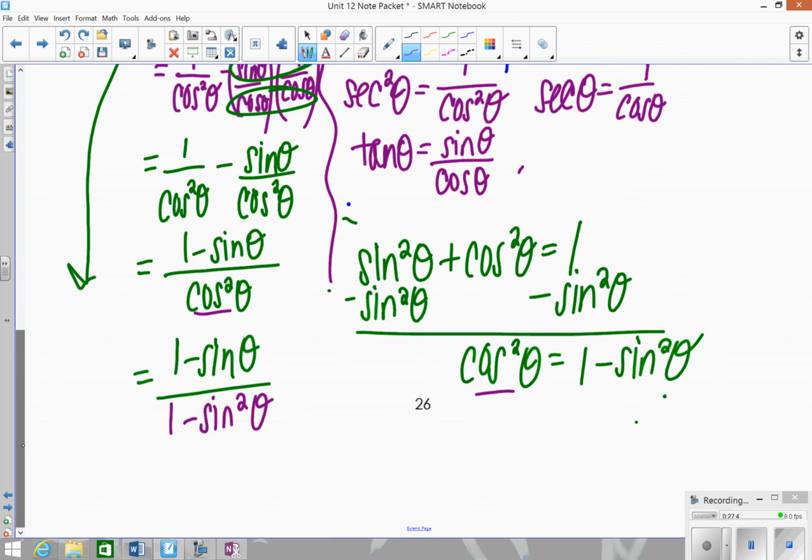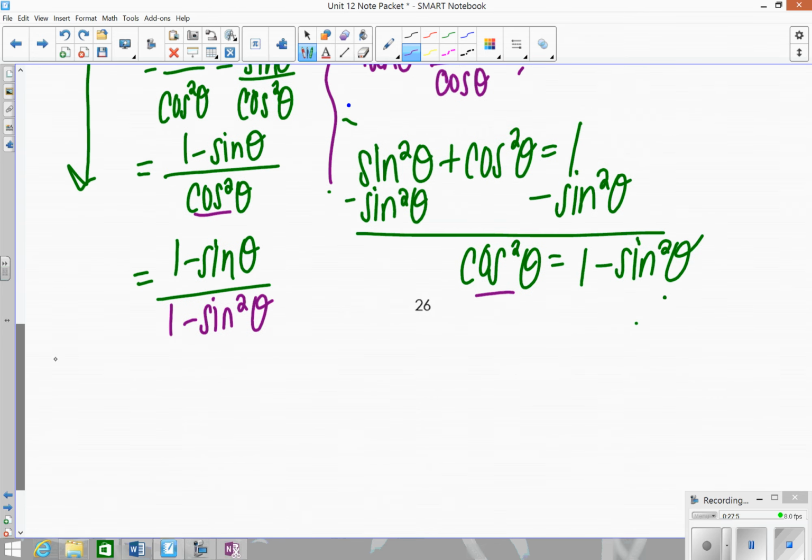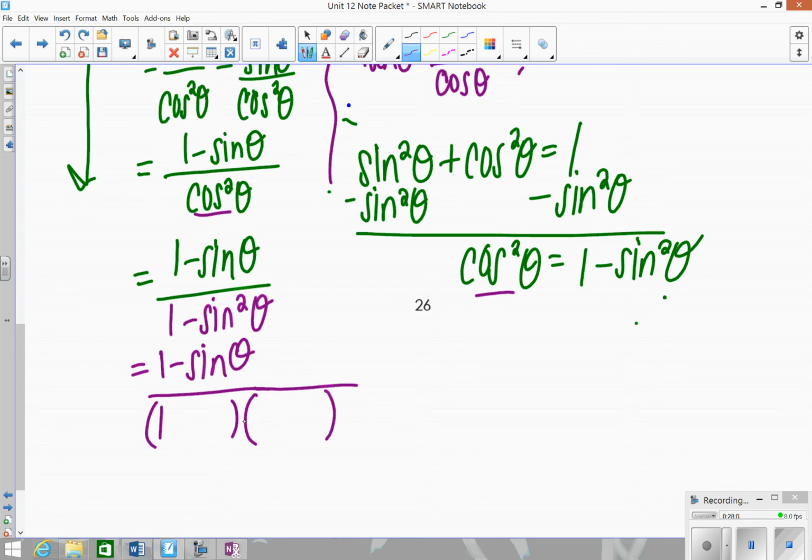And just like that other one, this is going to be a difference of perfect squares, because 1 is a perfect square and sine squared is a perfect square. So I end up with 1 minus sine theta on top. And then on the bottom, when you factor that, the square root of 1 is 1, with opposite signs, and the square root of sine squared is sine theta and sine theta.